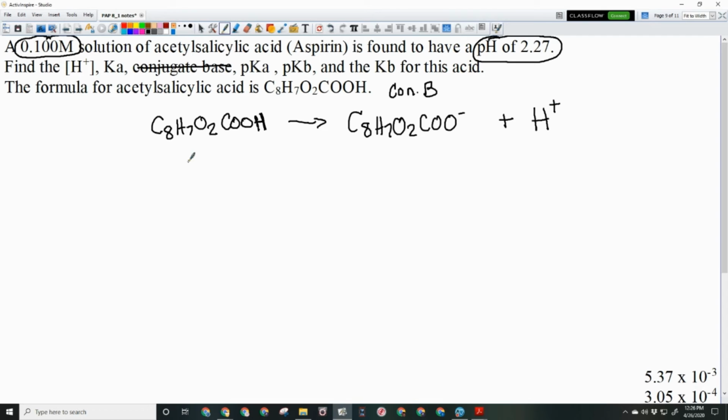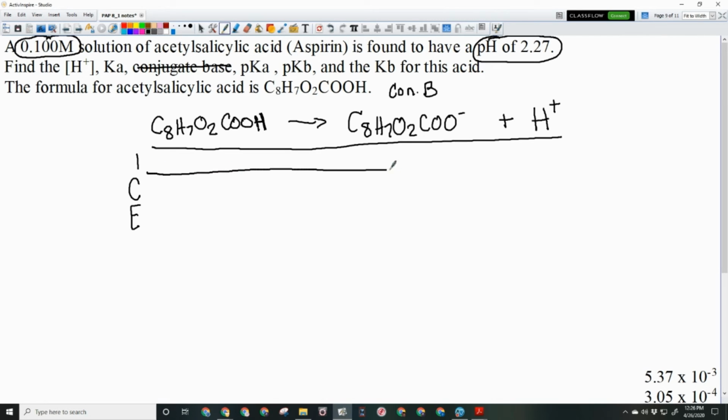All right, so from this, we can hardly get any of the other stuff. I'm going to go ahead and continue using ICE charts where I list out all of the information. So in our ICE chart, we're going to have ICE, initial, change, equilibrium. So we're going to have a section for that, and a section for this.